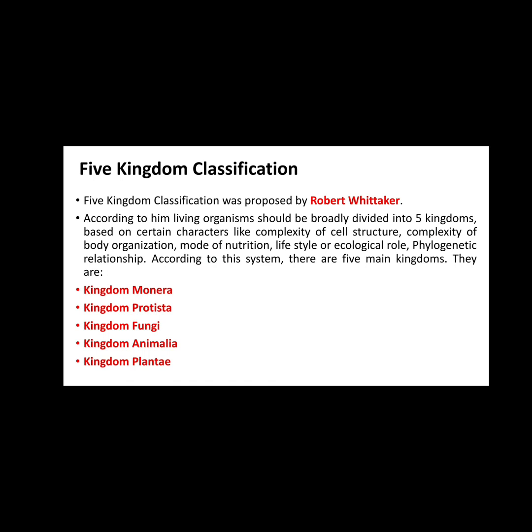Complexity of cell structure, complexity of body organization, mode of nutrition, their lifestyle or ecological role, phylogenetic relationship, etc. So he classified all living organisms into five kingdoms: Monera, Protista, Fungi, Animalia, and Plantae.